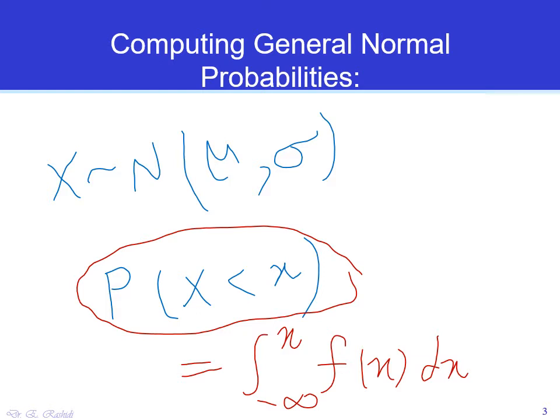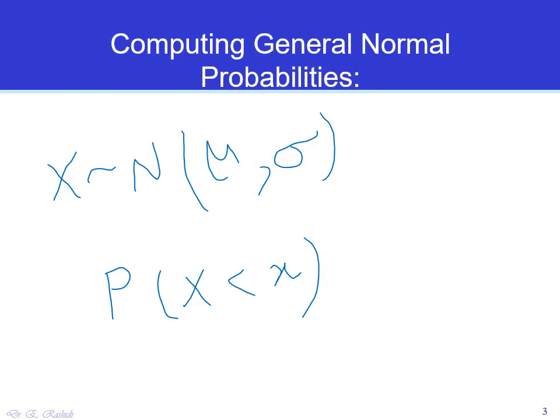The fact is we can convert this probability that X is less than x into a z-distribution probability. So this would be equal to the probability that Z, which follows the standard z-distribution, is less than the z-score of x. If we find this probability, that's equal to the probability that X is less than x. How can we find the z-score of x?